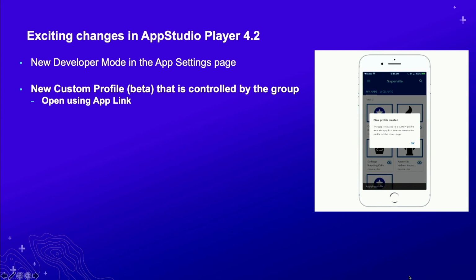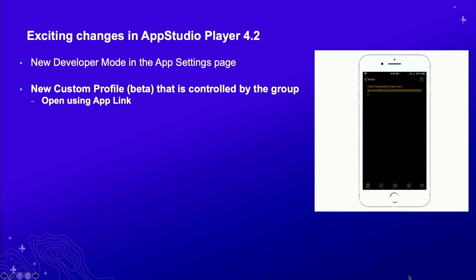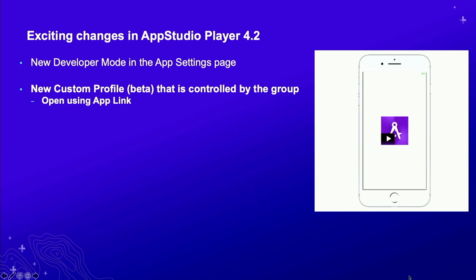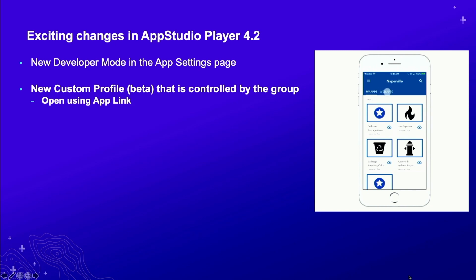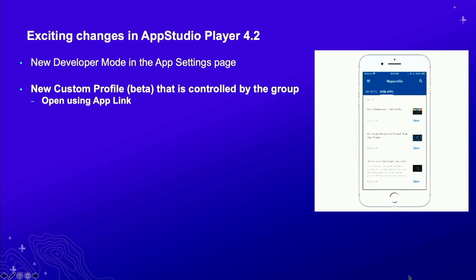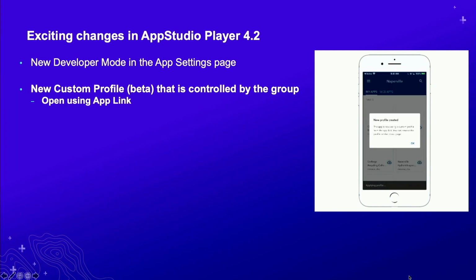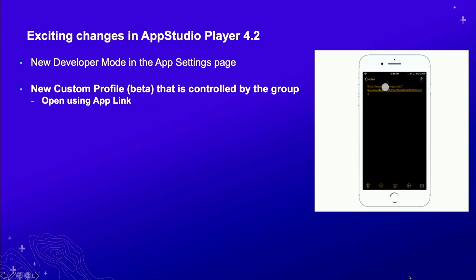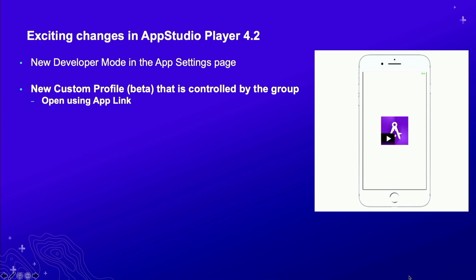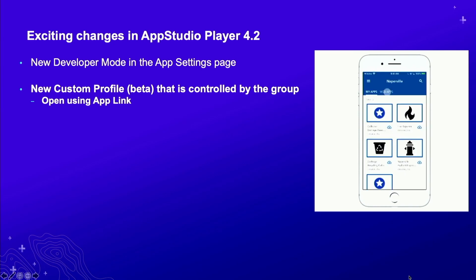But then they found a way to let their end users, the audience of their app, download AppStudio Player and play their app inside it. Using this, we have created a new way to customize the look and feel of AppStudio Player so that it looks like your own AppStudio App Store, and you can publish a set of apps and web apps inside that group. So let's take a look.